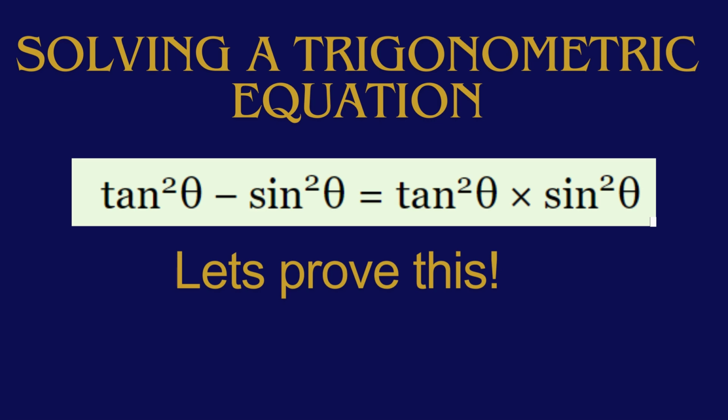Today let us solve a simple trigonometric problem. The problem statement is to prove tan square theta minus sin square theta is equal to tan square theta into sin square theta.